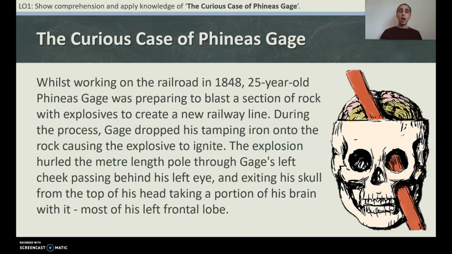The explosion hurled the meter-length pole through Gage's left cheek, passing behind his left eye and exiting his skull from the top of his head, taking a portion of his brain with it, most of his left frontal lobe.